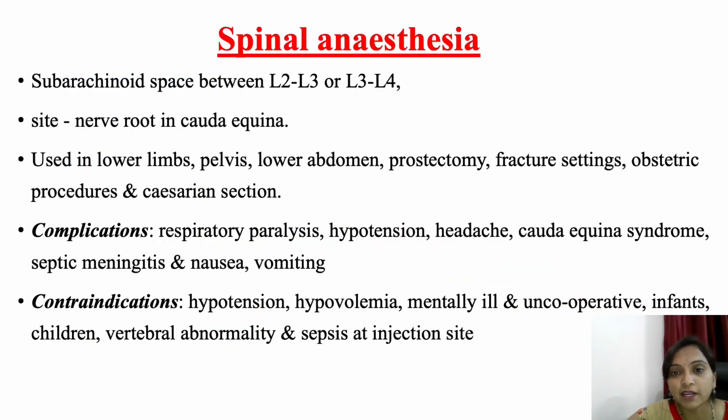An important one is spinal anesthesia. In case of local anesthetics, you should always remember spinal anesthesia is not a general anesthetic, it's a local anesthetic. So that point is to be remembered. It is injected into the subarachnoid space, at L2, L3 or L3, L4. So this is the area where you give spinal anesthesia, and the site is the nerve root in the cauda equina.